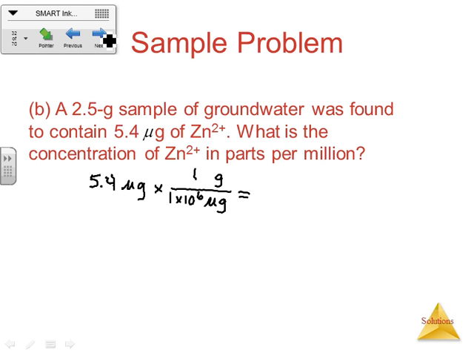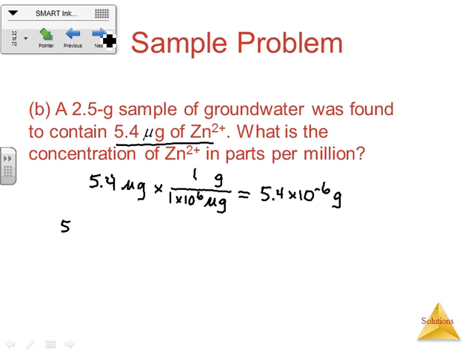If you do this all in one step, it might be a little easier, but we'll do it this way just so you can see what's going on here. But we're essentially going to cancel out that 1 times 10 to the 6th when we multiply by 1 times 10 to the 6th at the end. So that's 5.4 times 10 to the negative 6, sorry, grams, okay? So that's our zinc, okay?